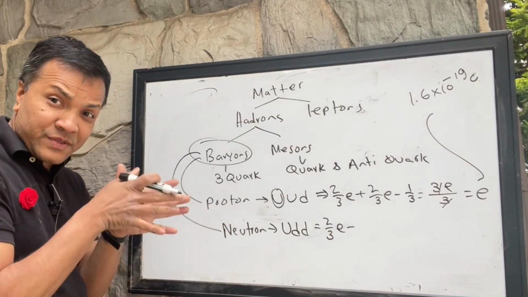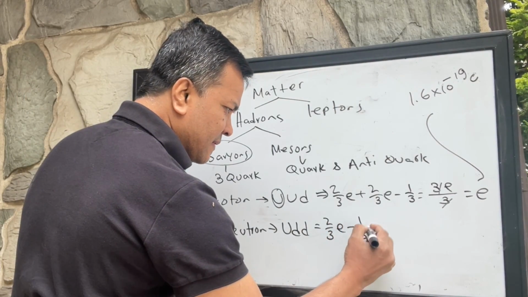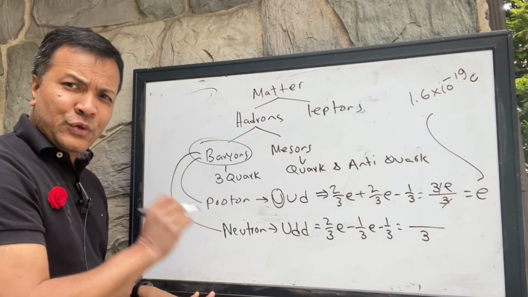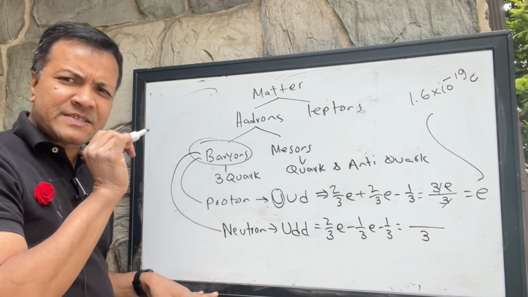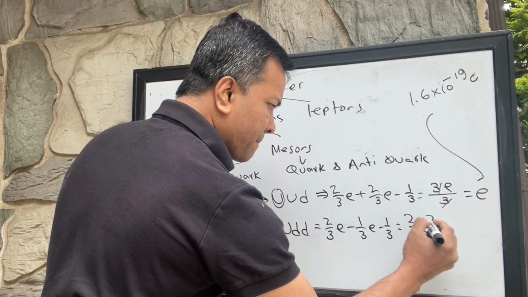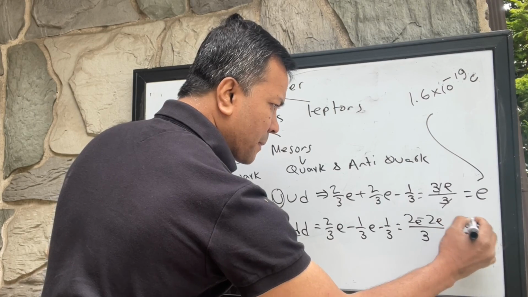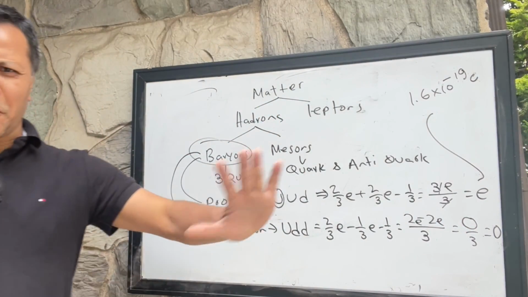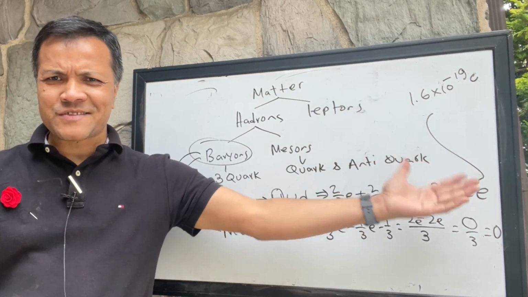Down is -1/3, -1/3. So let's do the math. 2 minus 2 is 0. You knew it all along that neutron has 0 charge, and there you go.